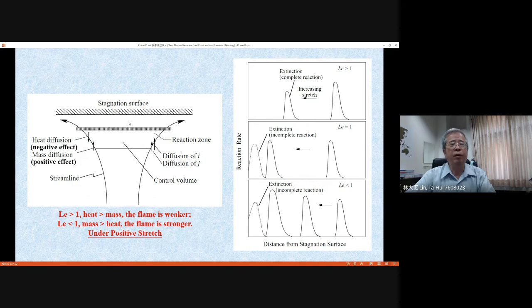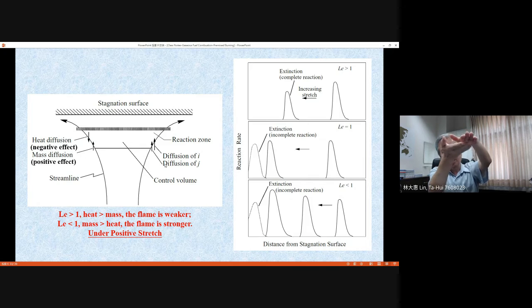But for the counterflow, try to imagine the opposite flow, then you have a double flame, right? Identical premixed flames. When you increase the injection velocity, these two flames will get closer to the virtual stagnation plane, right?